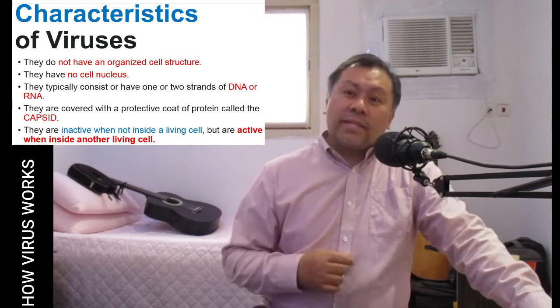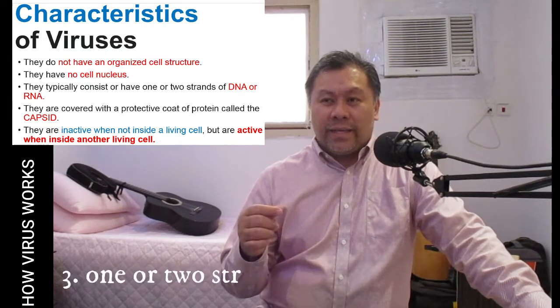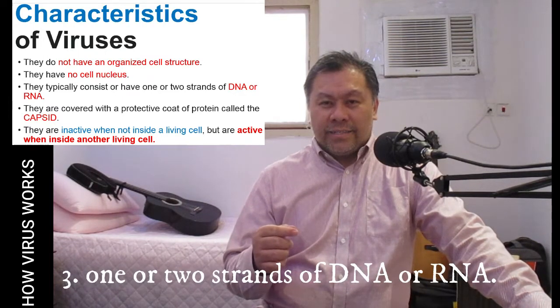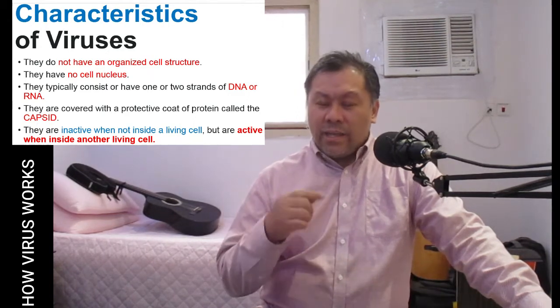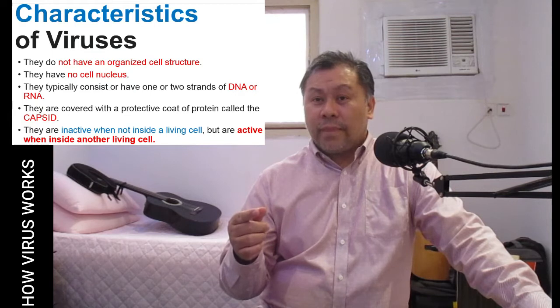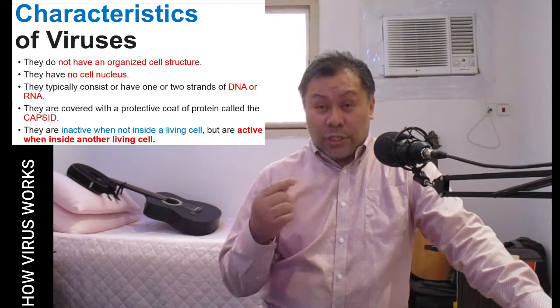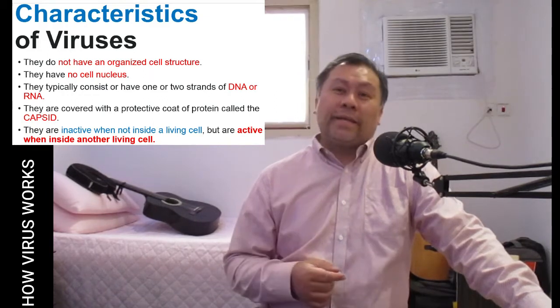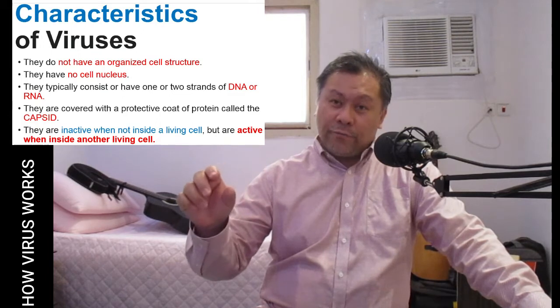They typically have 1 or 2 strands of DNA or RNA. These are genomes. The deoxyribonucleic acid and the ribonucleic acid are the genome strands of a human being. These are the genome they focus on to invade and go inside.